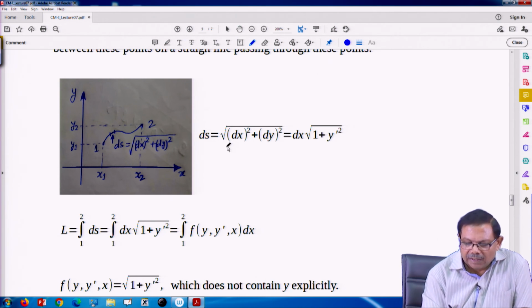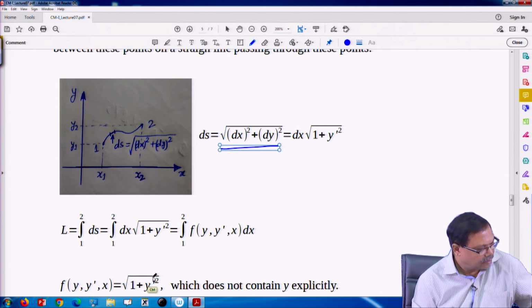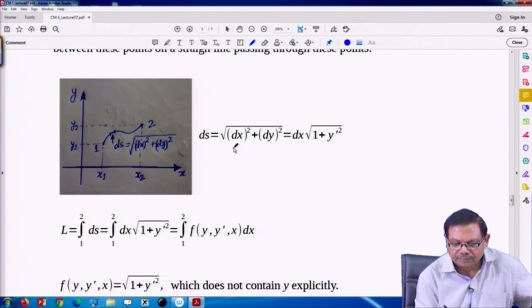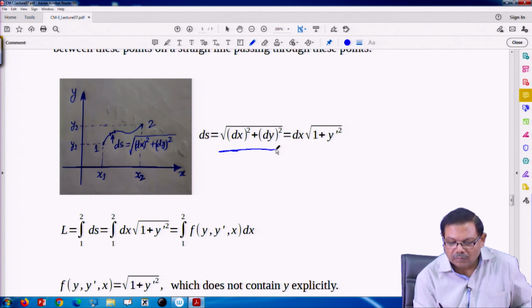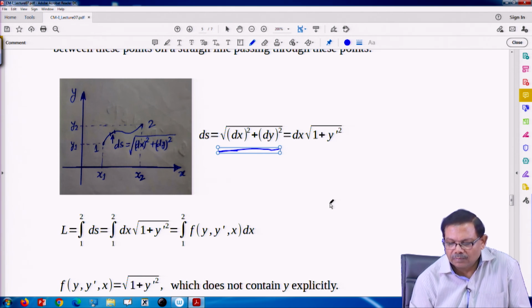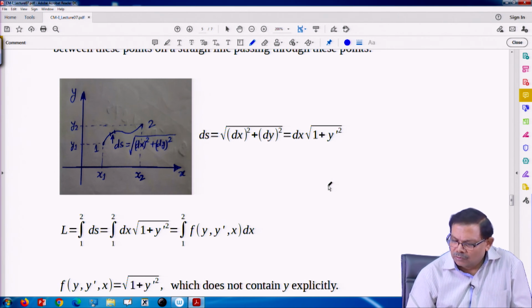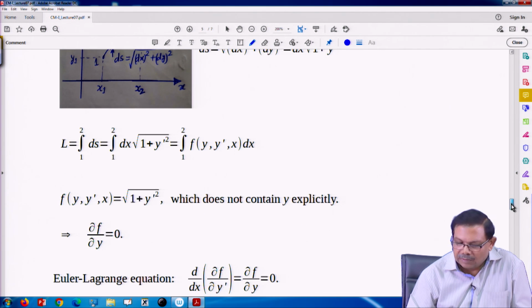So, ds can be written as root of dx square plus dy square, and if I take dx common, this is root of 1 plus y prime square. So, what is the problem?